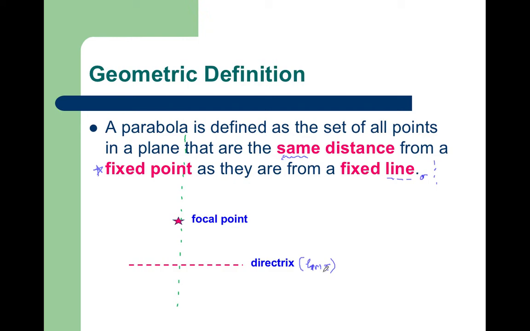Now, in order to find all the points that are equidistant from this point and this line, I need some geometry. And we're not going to do that.